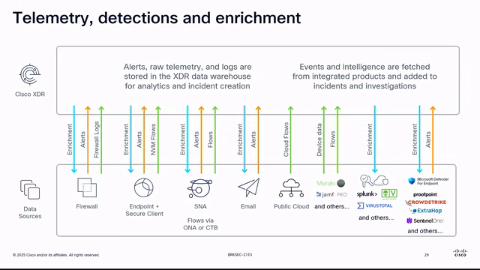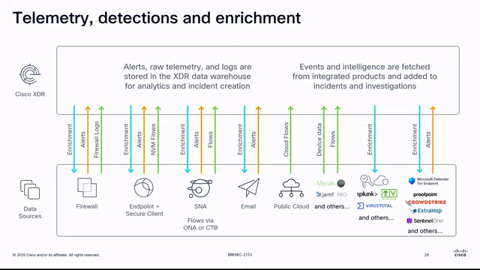Some of the integrations will only provide us threat intelligence, such as OpenPhish or the VirusTotal integration, for example. Some of them, like a firewall, are a little bit of an outlier, and they provide us both raw telemetry, such as connection events telemetry, and alerts, such as intrusion detection alerts.